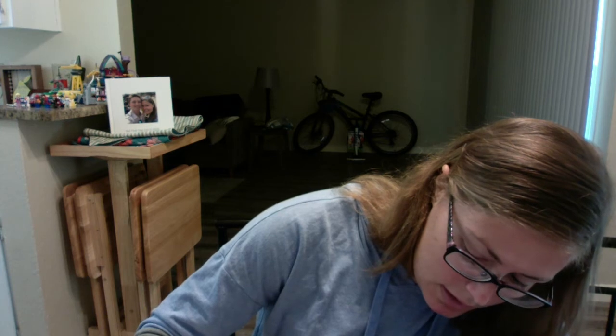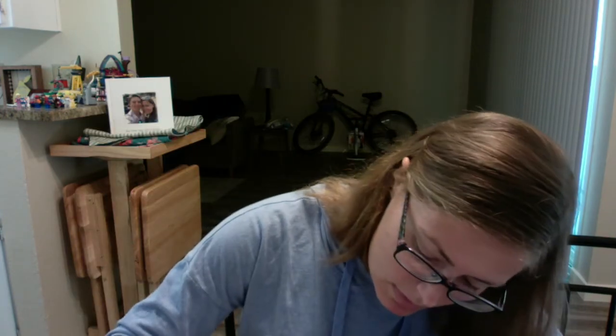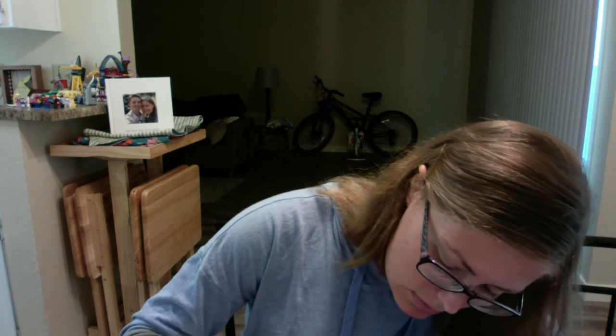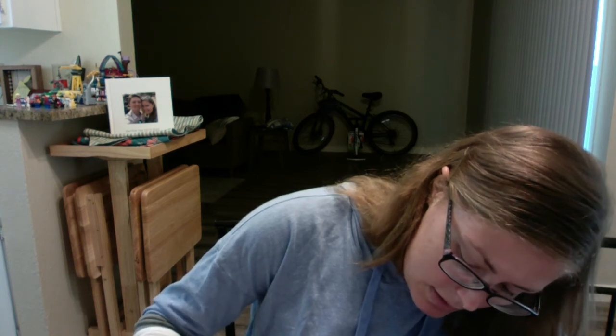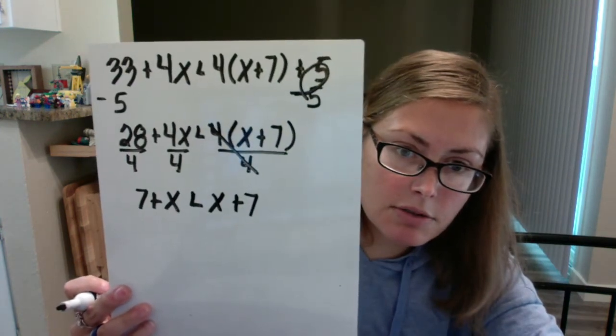When we do that, we get 28 plus 4x is less than 4 times the quantity of x plus 7. We're going to divide everything by 4. When we do that, we get 7 plus x is less than x plus 7, which is not true, so it's no solution.